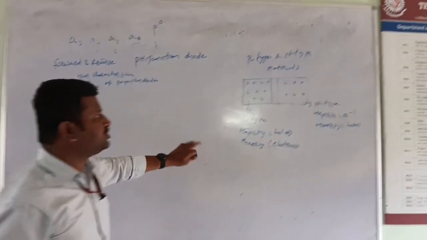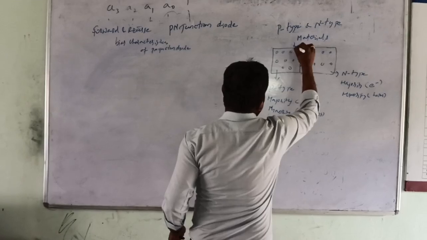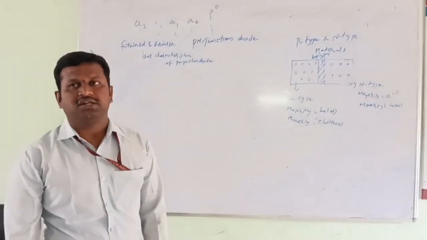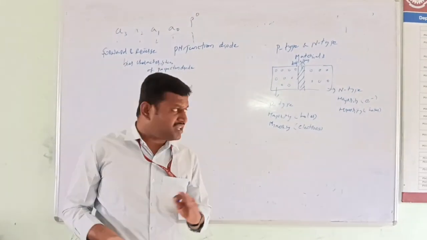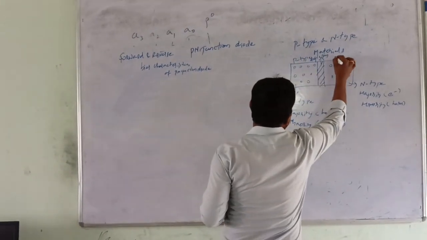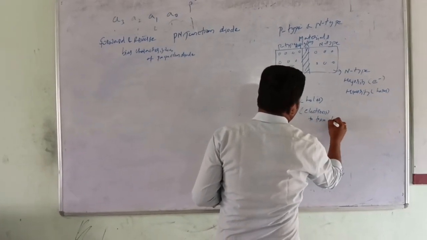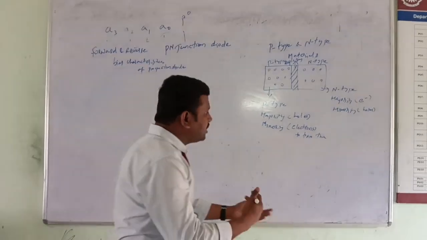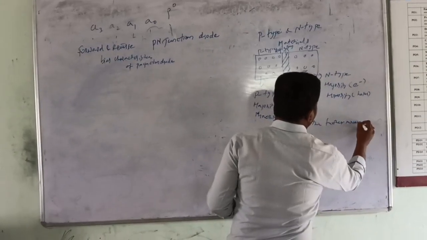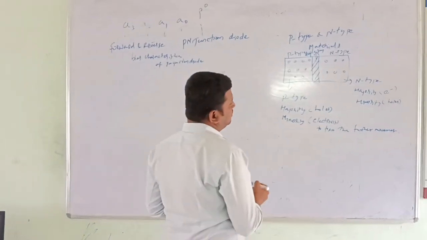In the middle of the junction, this is called the depletion region. The depletion region is nothing but the combination of P-type and N-type to form the junction.